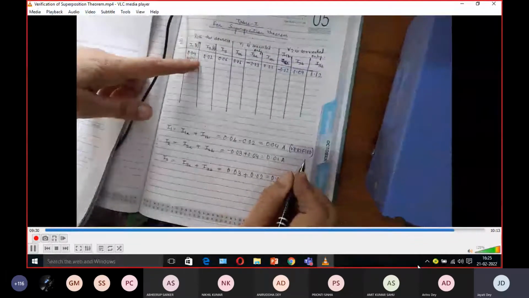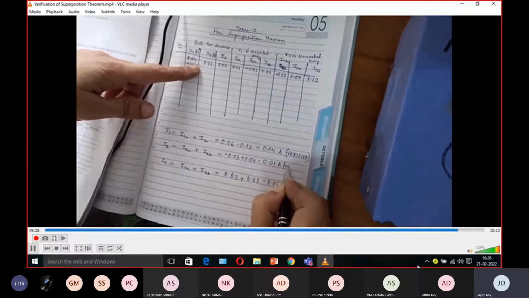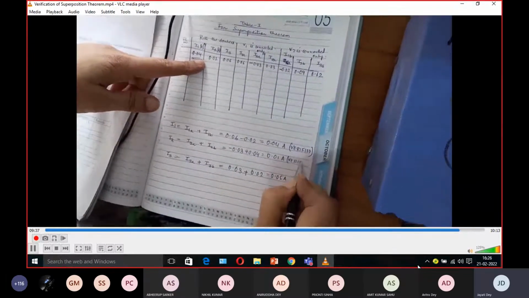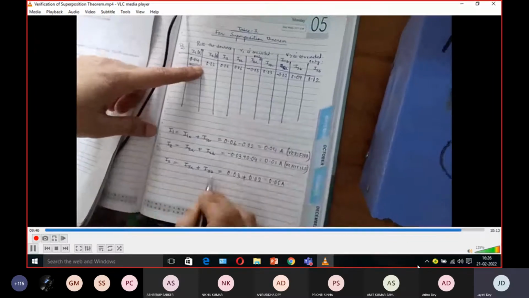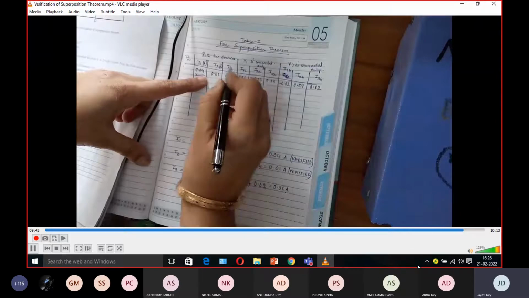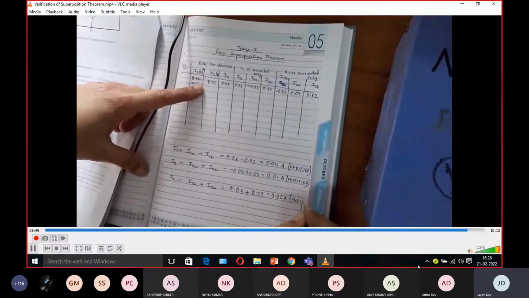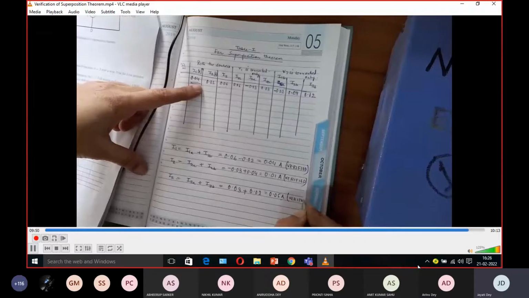I2 is 0.02 and this is 0.01. That means it is close to this. So here also we can write it verified with little error. Similarly, it is 0.05 ampere and here it is found out to be 0.06. So here also these are close to each other. Therefore here also we can write it as verified.